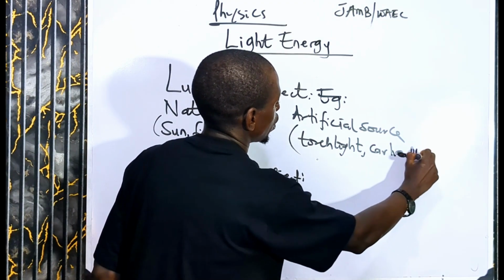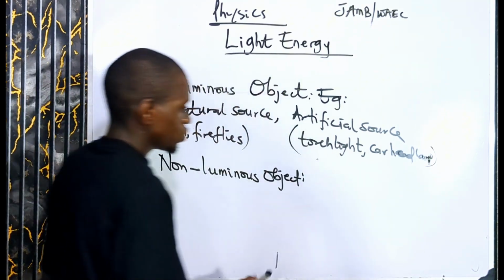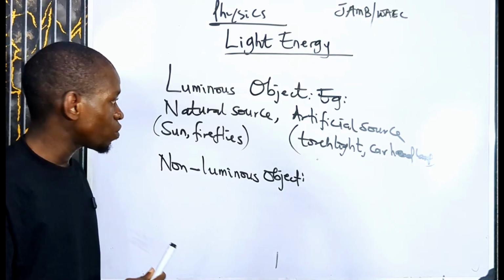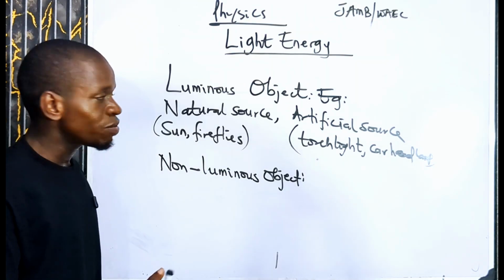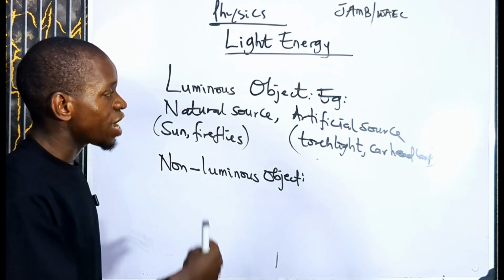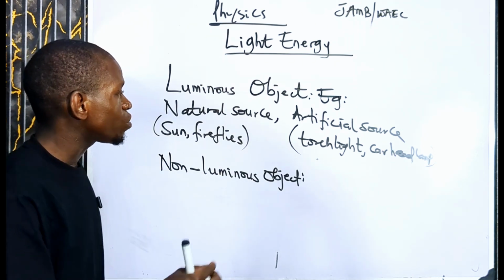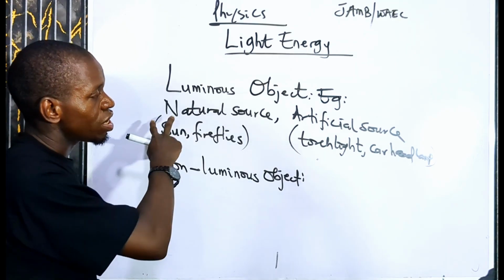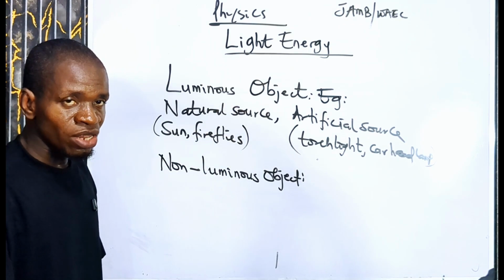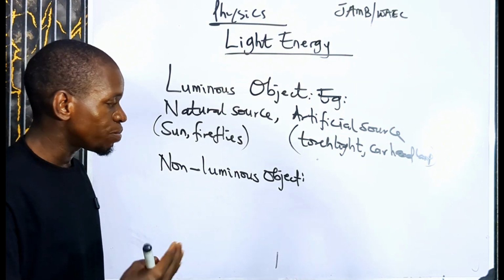The examples I gave under natural and artificial sources of light are all called luminous objects, because they give out light, they produce light.